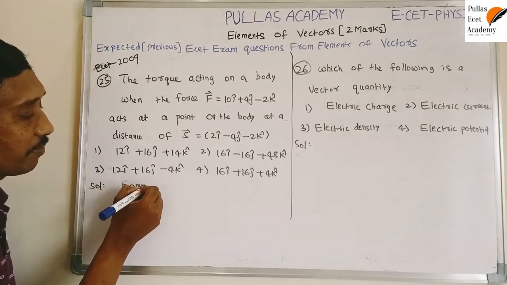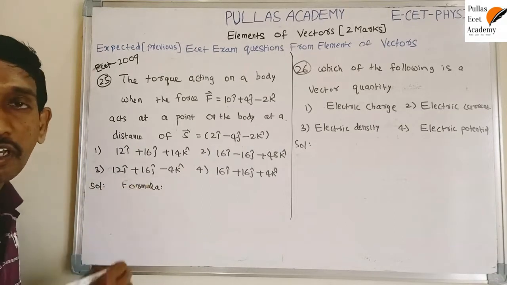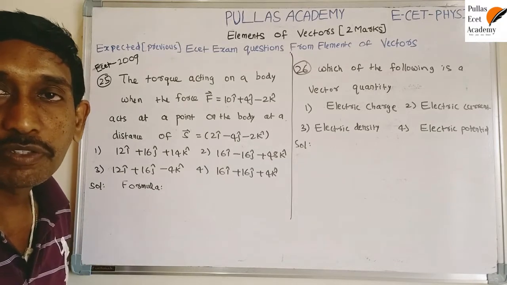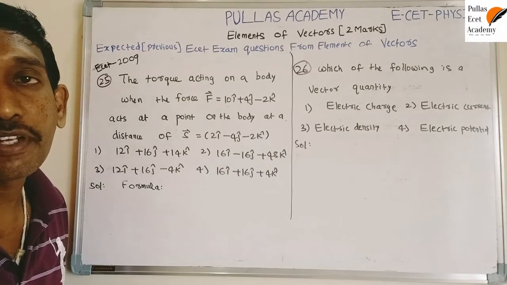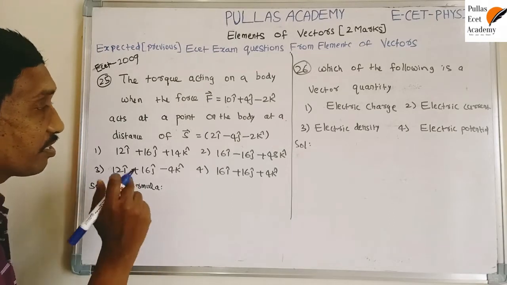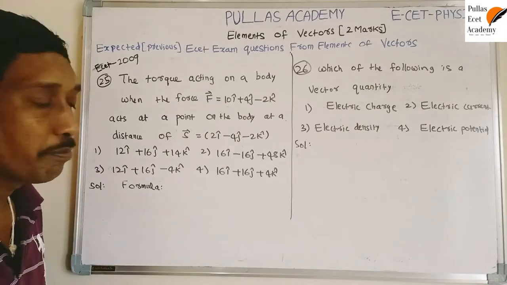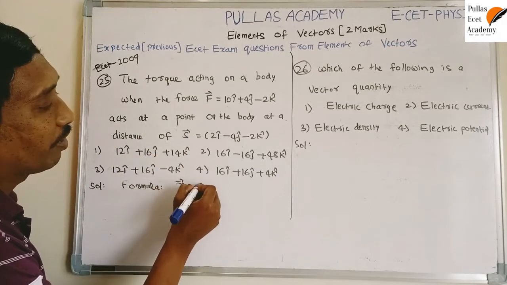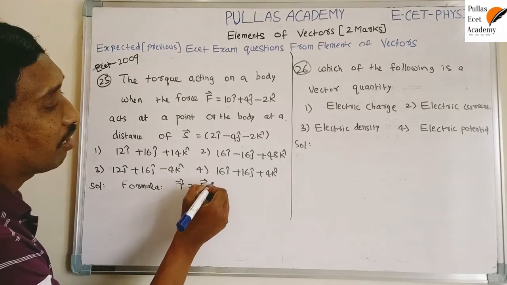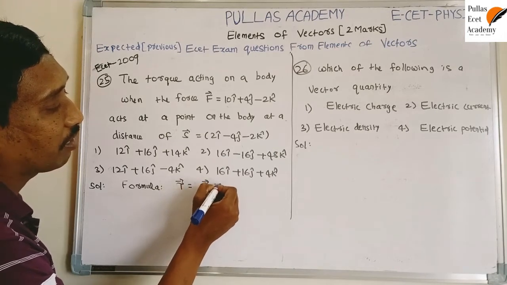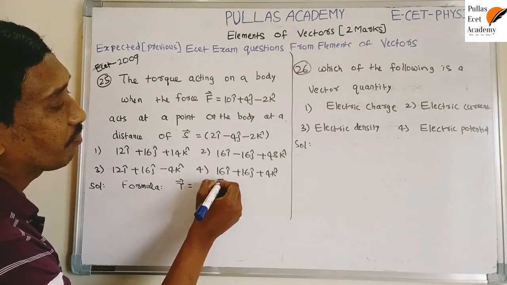According to the definition, torque is the vector product of the position vector and force. This is one example of a vector product. That means tau bar is equal to S bar cross F bar, or R bar cross F bar, is the formula.